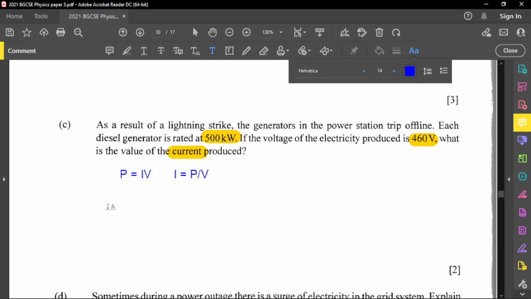But let's look at power in itself. Power is given here as 500 kilowatts. Kilo is 1,000, so it's 500,000 watts.